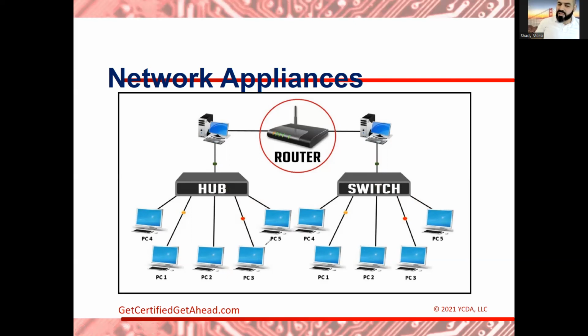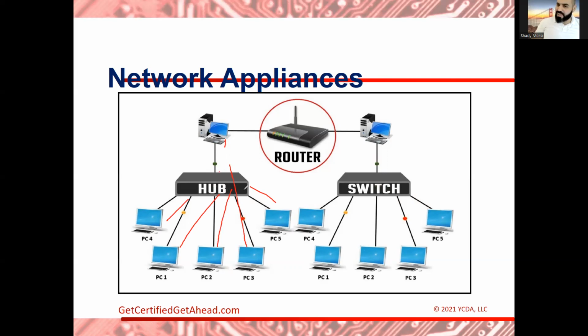So everyone in your network knows about the message. So if this computer over here decided to talk to PC number 3, if we have a hub, this message will be transferred to every single computer connected to the hub, which is not good when it comes to security, even including PC number 5.